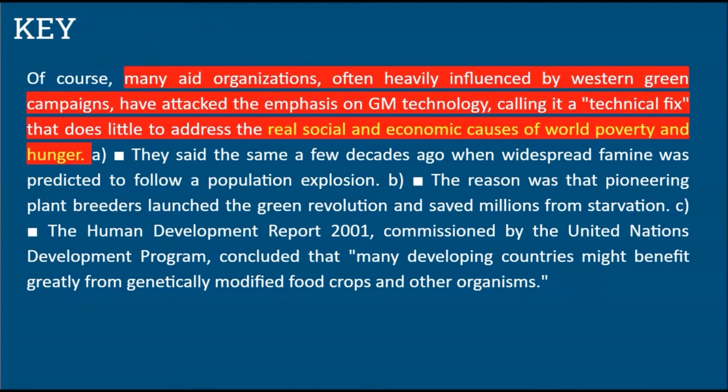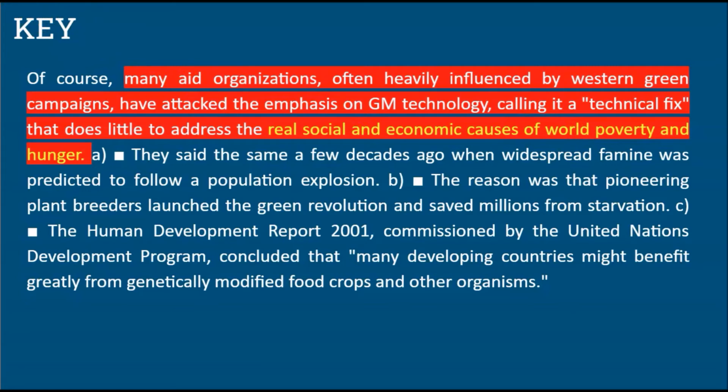We already talked about the criticism made by many aid organizations, and according to this criticism, the technical fix that GM technology offers does little to address the real social and economic causes of world poverty and hunger.